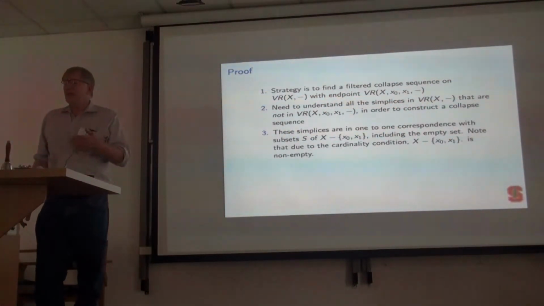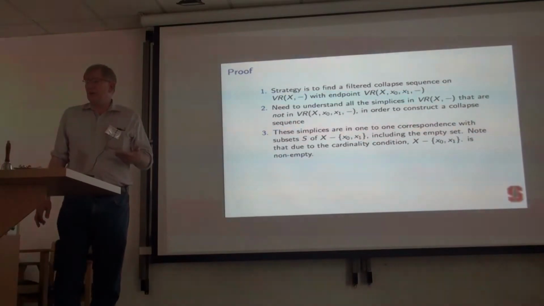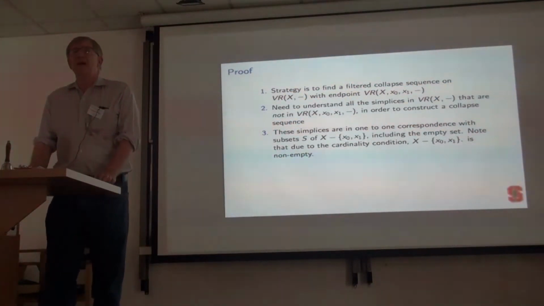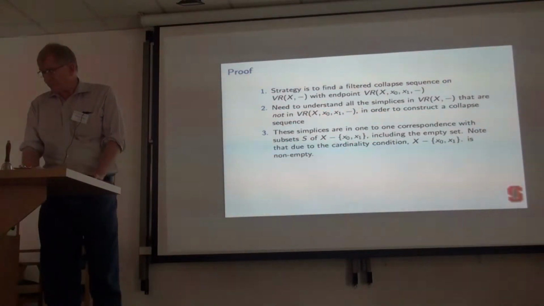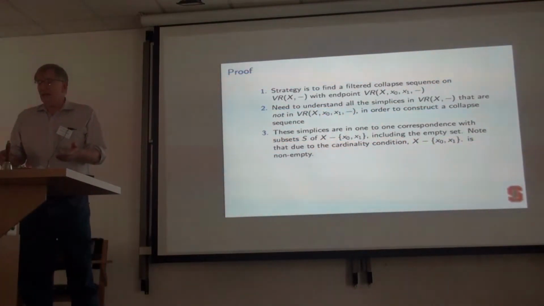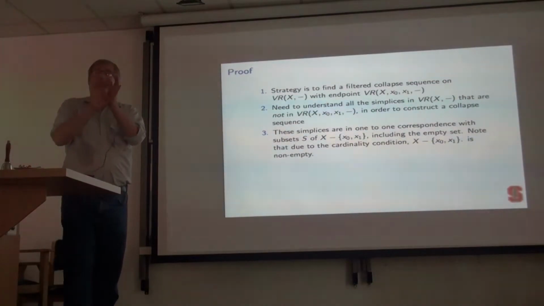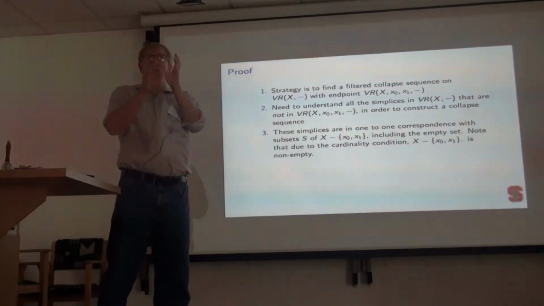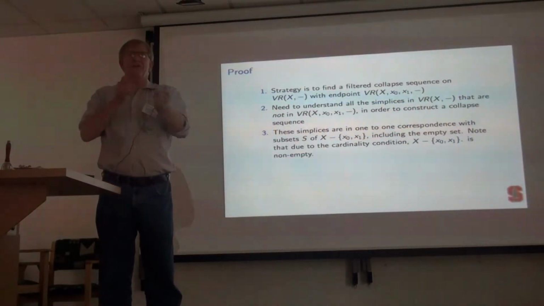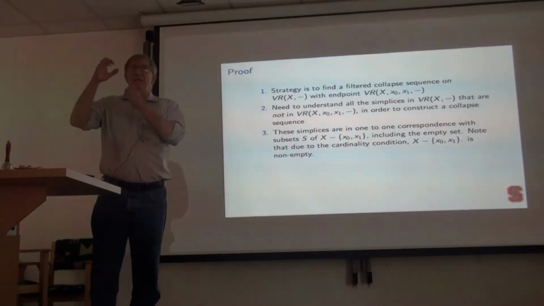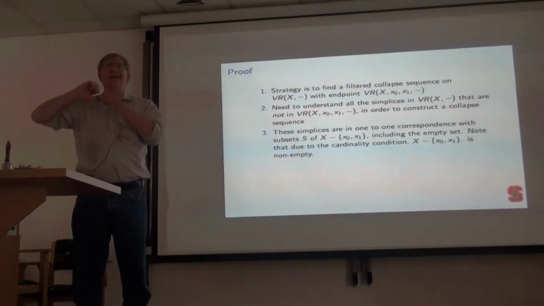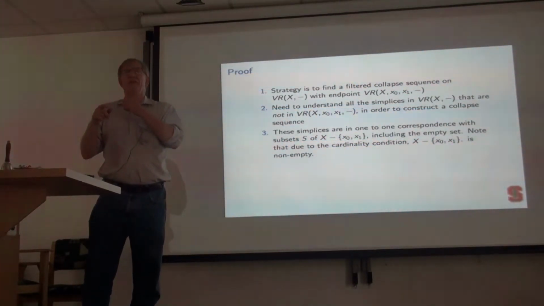It turns out that these simplices are in one-to-one correspondence with the subsets of x minus x0 and x1. Because what do they look like? The simplices, first of all, contain x0 and x1, because otherwise they would be part of the subcomplex. But now, since they've got x0 and x1 in them, the rest is determined by what parts of x minus x0 and x1 are in there.